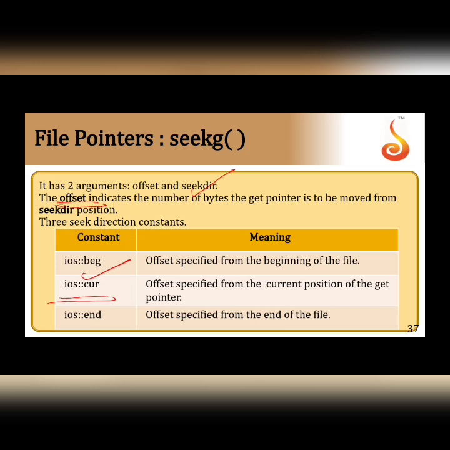So I don't want to move it from the beginning. I can say from the current location, wherever the get pointer is, from that location move the pointer the specified number of bytes. Then ios::end, when you reach the end, if you want to move backwards, if I say -6, ios::end, it will move 6 bytes backwards. Minus because I am moving it backwards, not forwards.